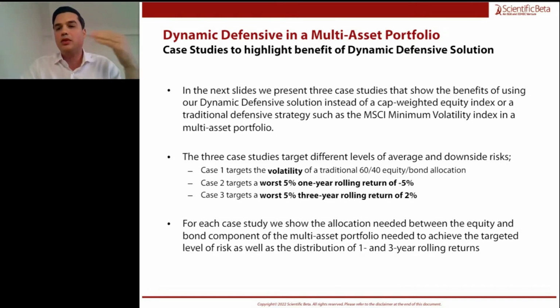And while we do this and we see the allocation differences, we will also see the differences in the distribution of returns. What are the benefits that investors get with these different allocations for the same level of risk?